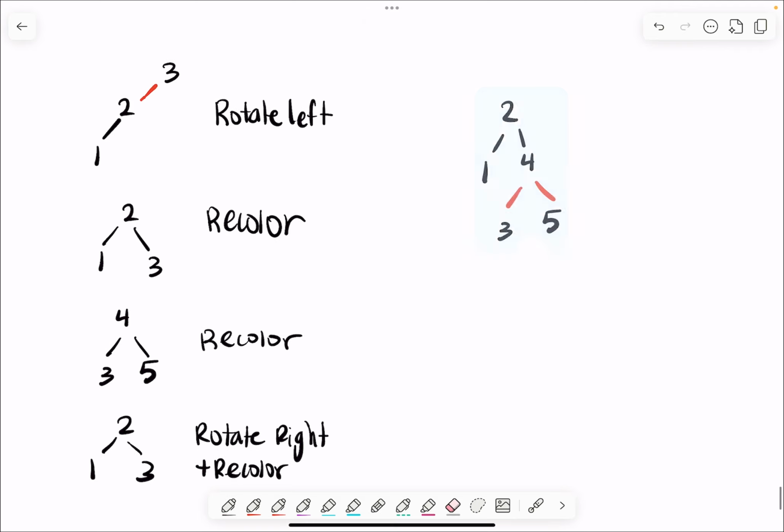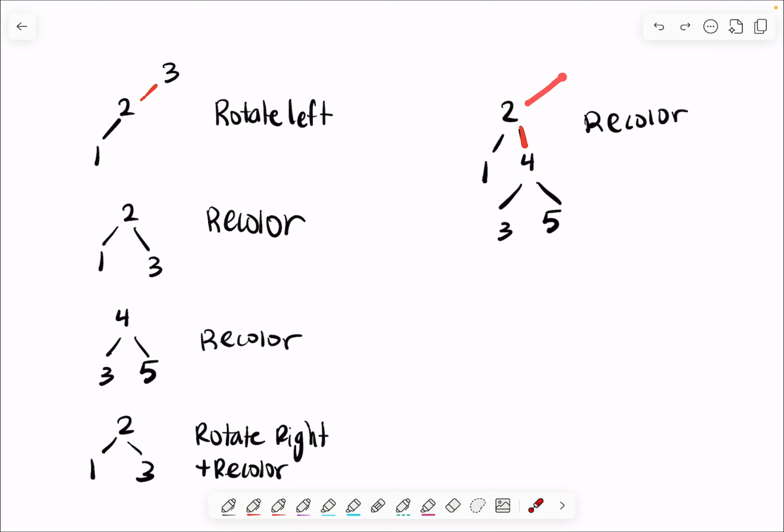But let's look at an example where there is something to make red up there. Again, triangle shape, both sides are red, so we can recolor by shifting the red up to whatever link is above it. This time we do have a link above. So I'm going to make these two black and this one red, and this is the first transformation we did. We recolored, but this is still a problem because this is a right-leaning red link. We can't have that. So how can I make this a left-leaning red link while still connecting 2 and 4?